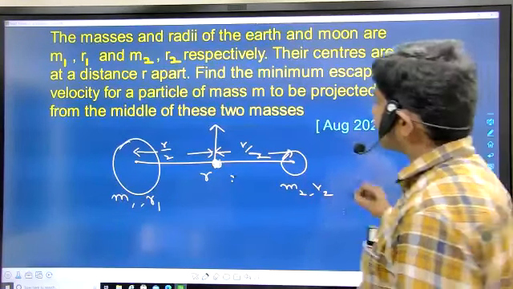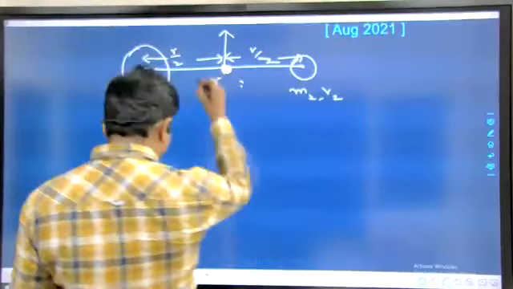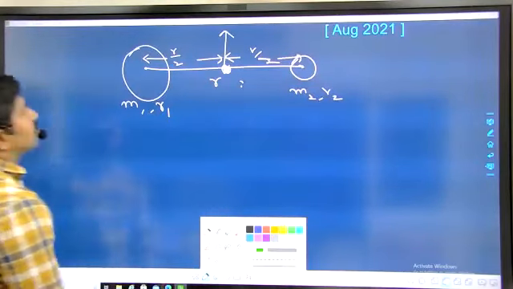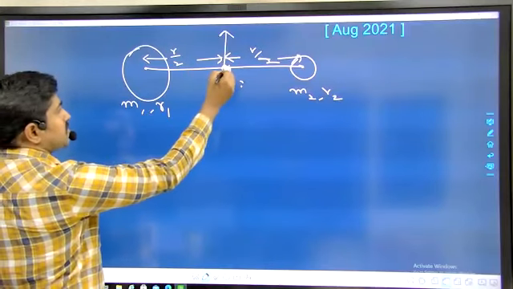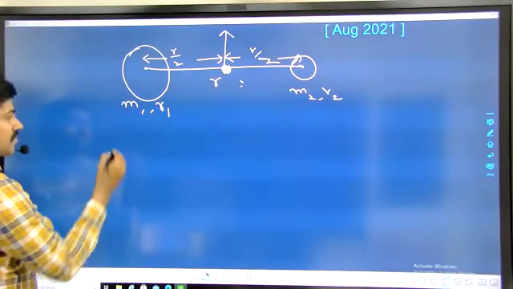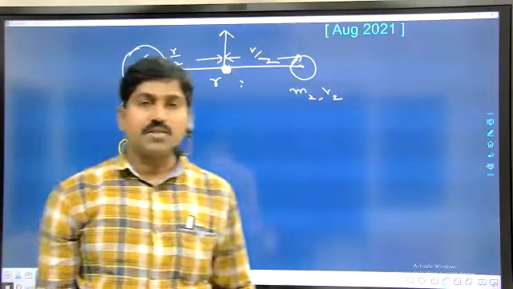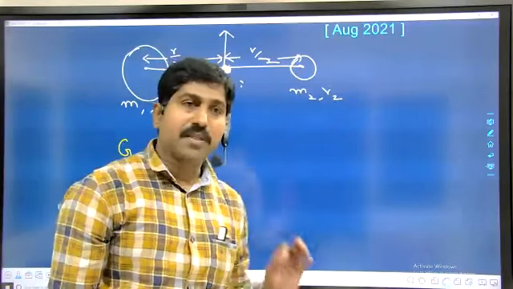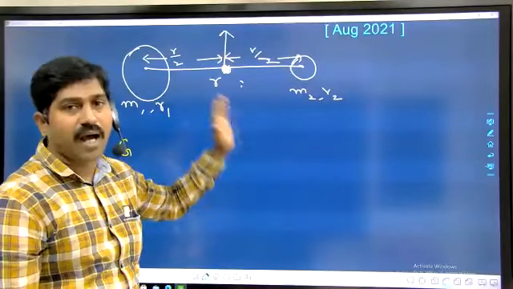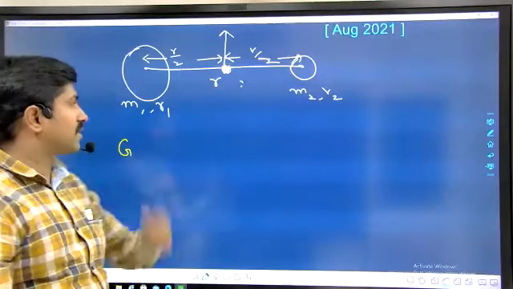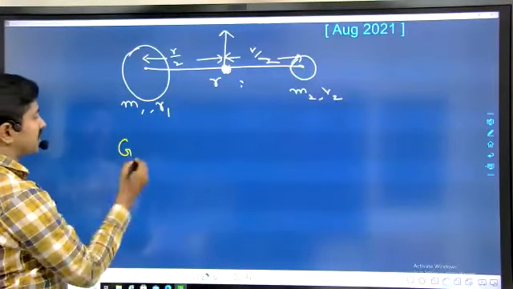Now see here, what is the potential energy at this point due to the Earth? What is the general formula for potential energy? G into mass of the planet into mass of the body by R. Of course, minus also will be there, but we are equating, so I can cancel the negative symbol here.